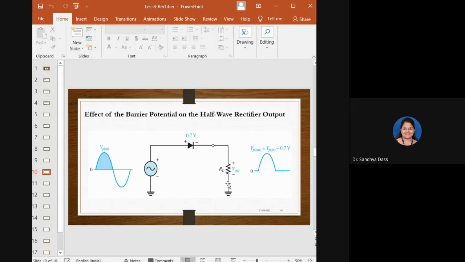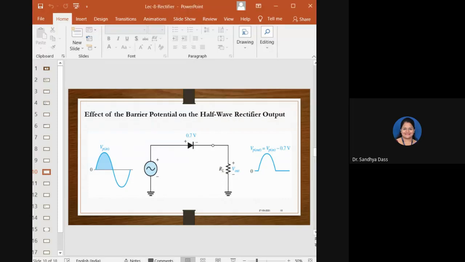That is, the output will be 0.7 volts less compared to the peak value of the input. That is what I mean to say. So why is that so? Can anyone answer? Why is it so?